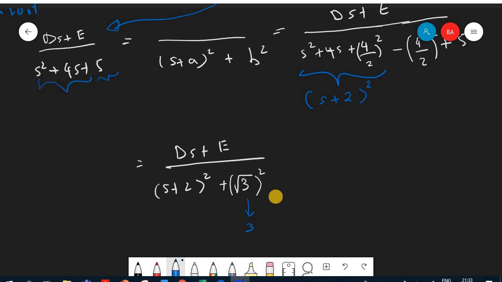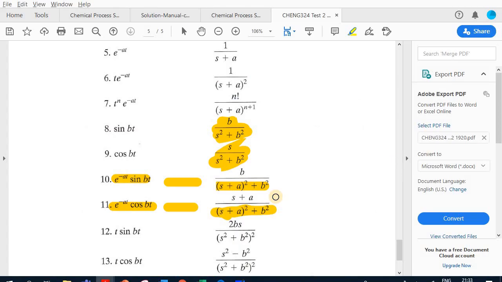Now we need to look at the numerator, to see if it has something similar. If it is a cosine term, I need to have the numerator as s plus a, similar to the s plus a here. And for the sine term, I need to have b here, similar to the b here.